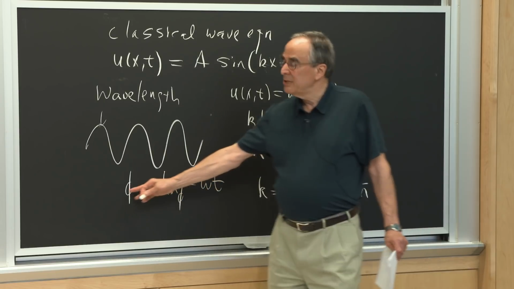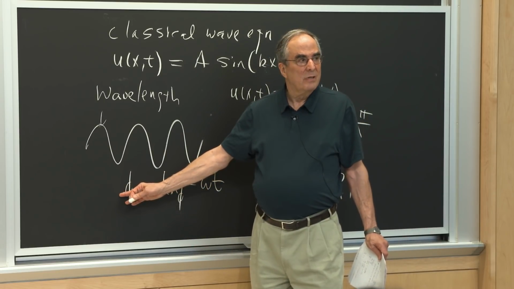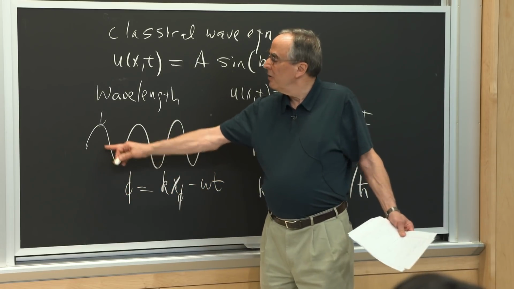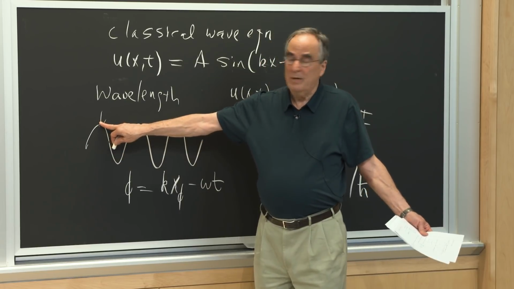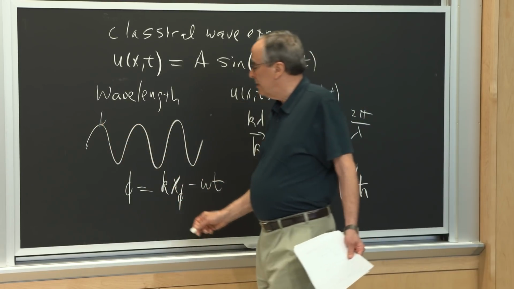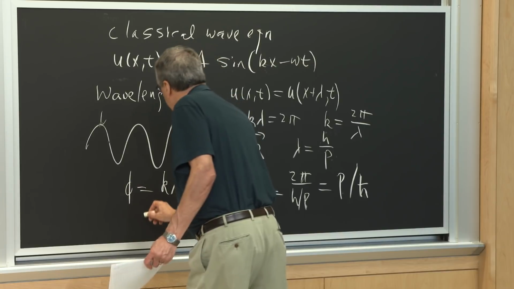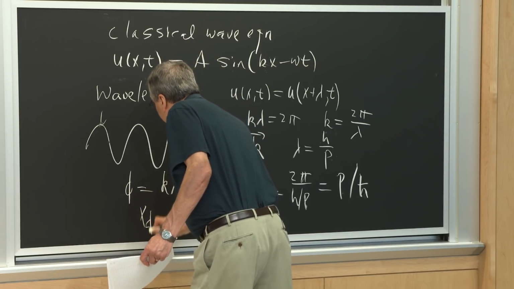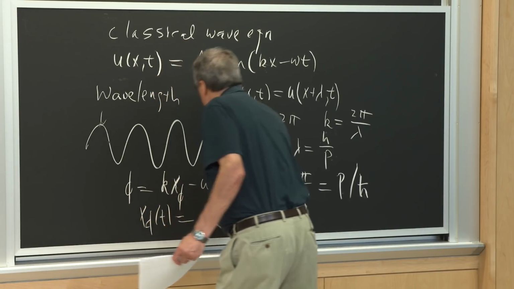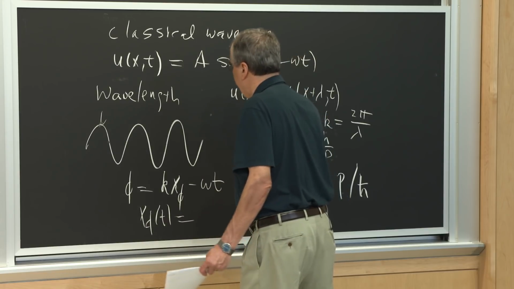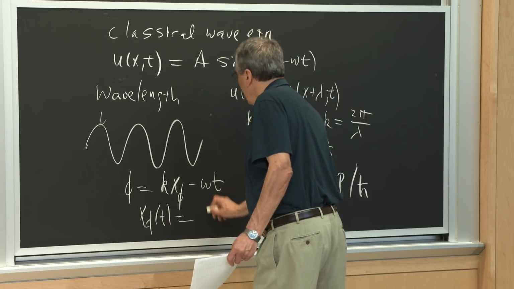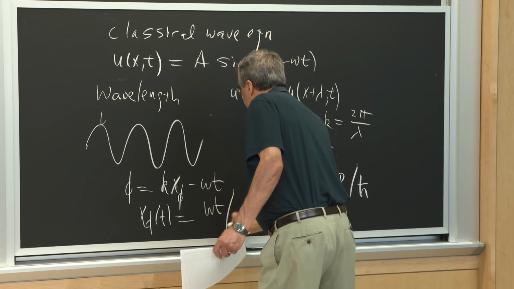And we want to find how this stationary phase moves in time. Now we could choose this to be 0. We could choose a phase, this is 0, this is some maximum, but we can choose anything we want. So let's make it 0. And so then we can solve for x phi as a function of t, and that's omega t over k.